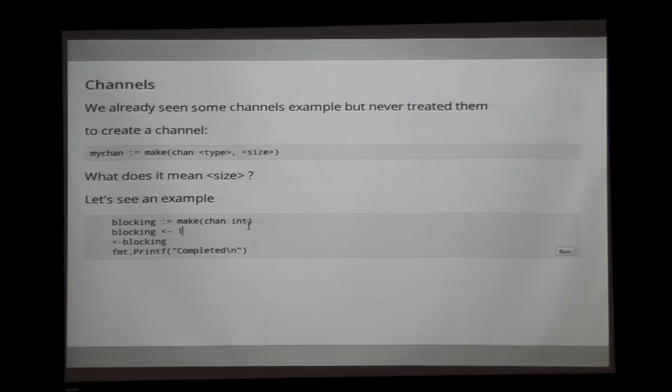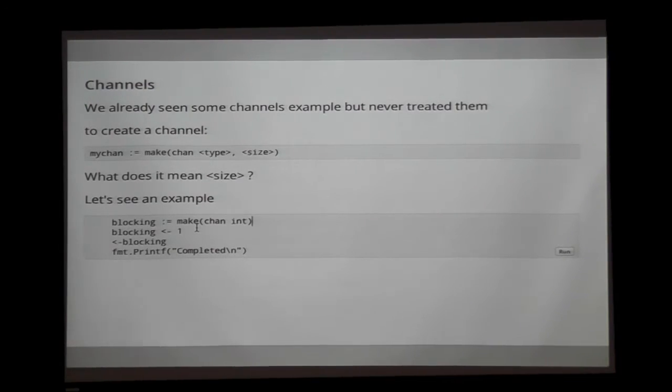So, for example, we're creating a channel that is unbuffered, with size 0. As soon as you send a message to the channel, there must be someone on the other side waiting for receiving it, or it will block.